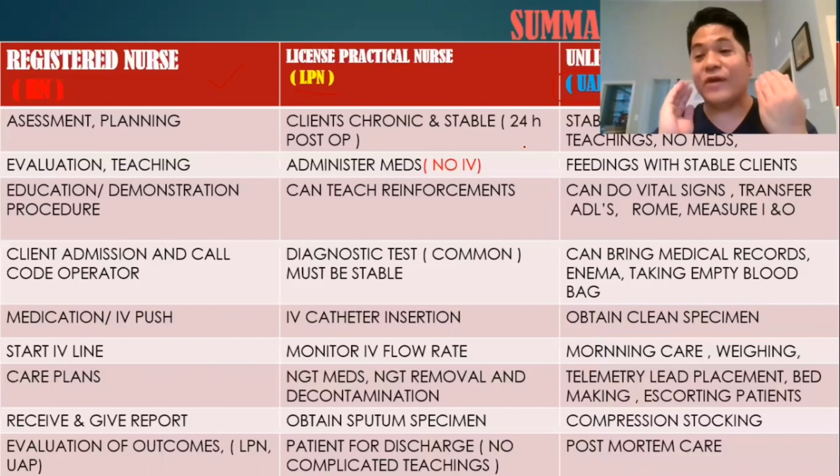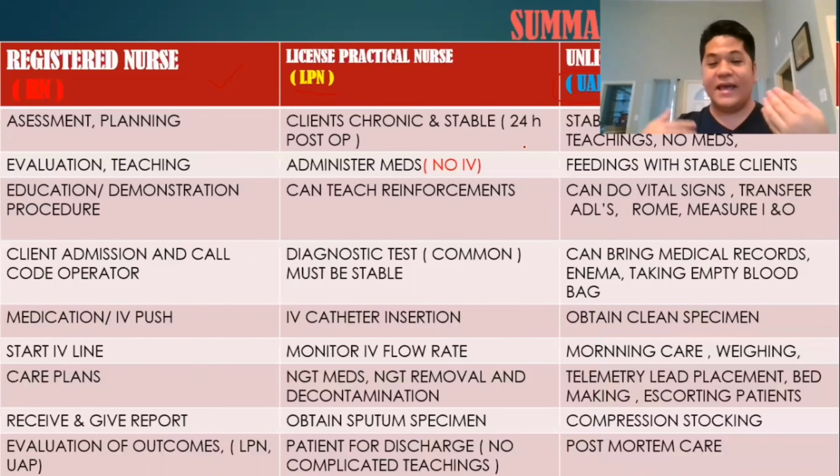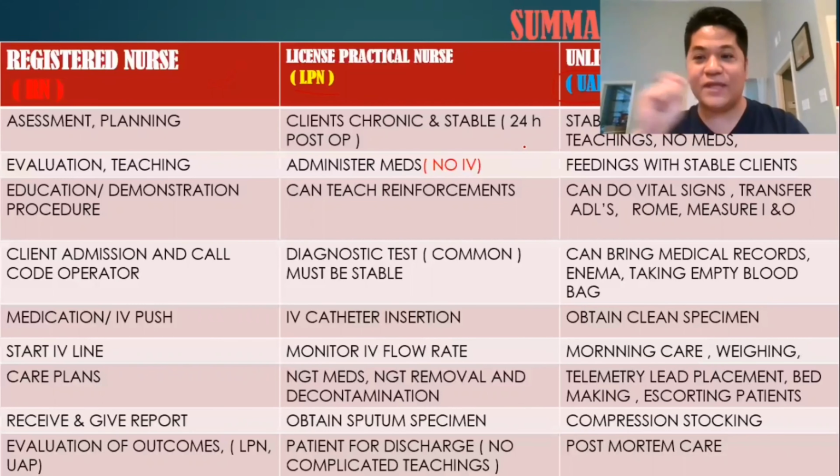They can reinforce teaching. They can insert a catheter and pull it out. For the NGT, they can give meds through the NGT. They can also remove the NGT but not insert it.